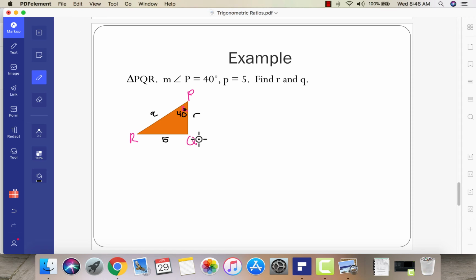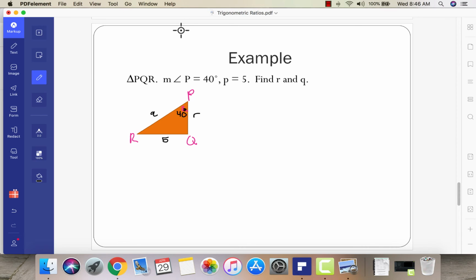Okay, so it wants us to find the missing sides. So we have the angle here, and we have this side here, which is 5. And this side here is going to be opposite.